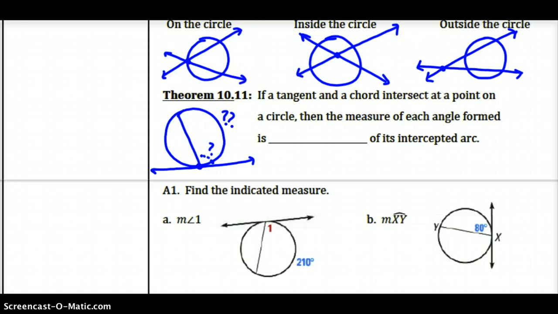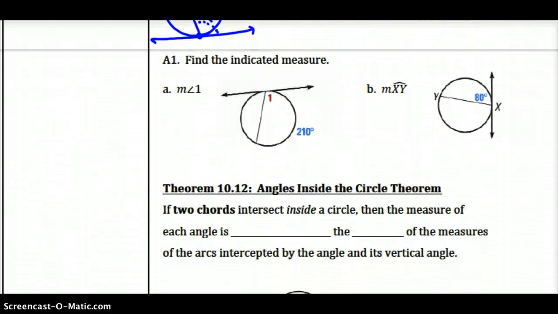And in fact, it's very similar to what an inscribed angle is. It's half of its intercepted arc. So in this case, if this was 200 degrees here, then this angle from here to here is 100 degrees. So very much like an inscribed angle.